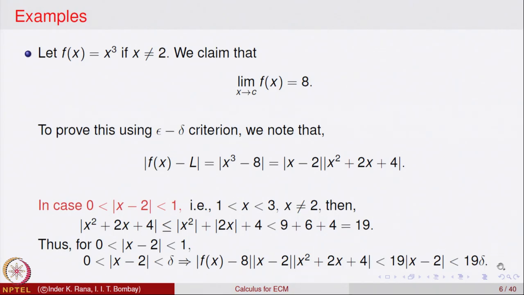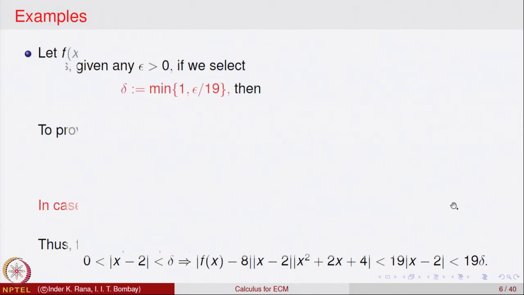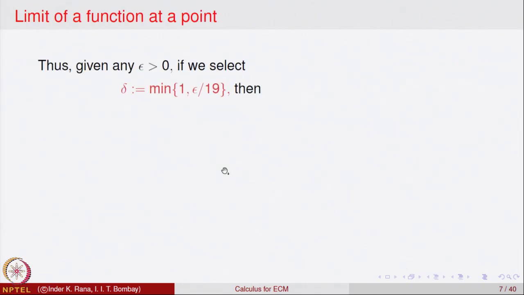So, if 19 delta is going to be less than epsilon, then delta must be less than epsilon by 19. So, that motivates one to find a delta. So, given an epsilon, choose a delta such that both the conditions are met, namely delta is less than 1 and the remaining quantity, so delta is also less than epsilon by 19.